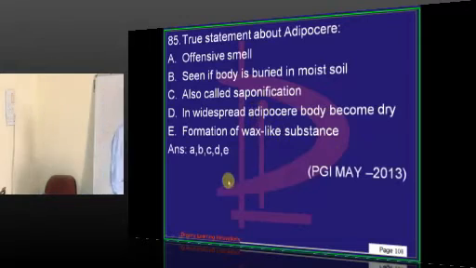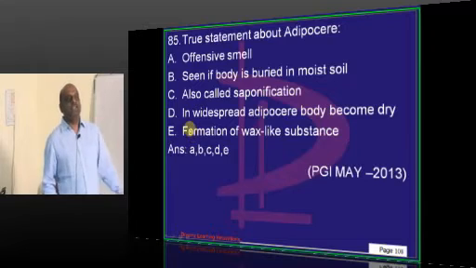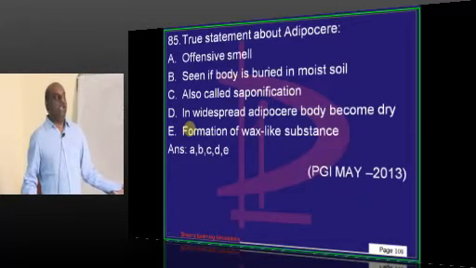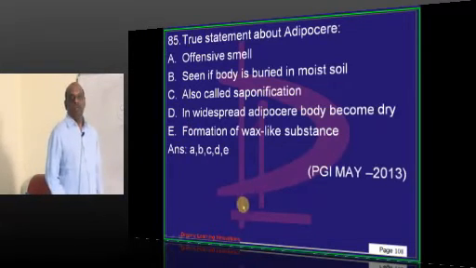Then coming to adipocere. Adipocere leads to an offensive smell. Yes, because it is fat saponification. Dalda gives a nauseating smell compared to the sweet, wonderful smell of ghee. So, offensive smell.